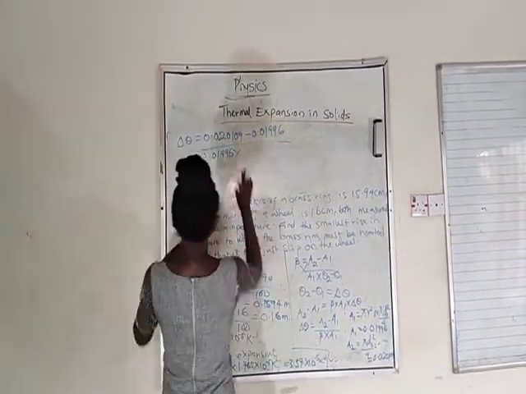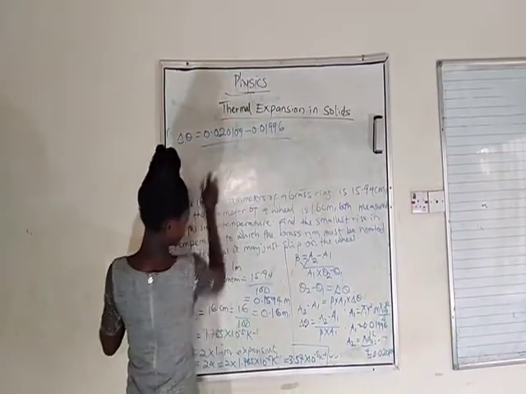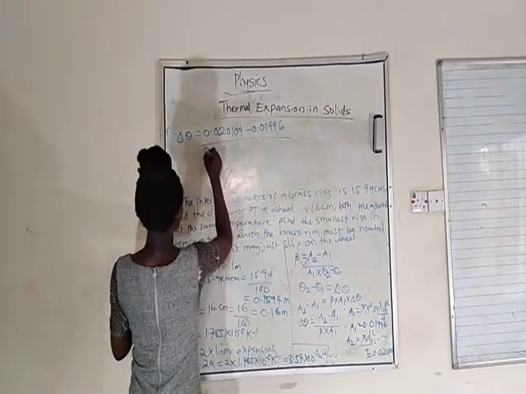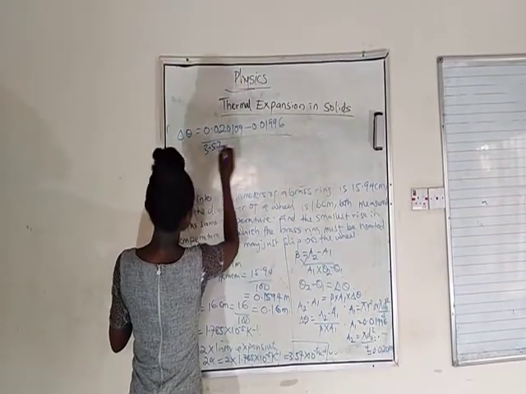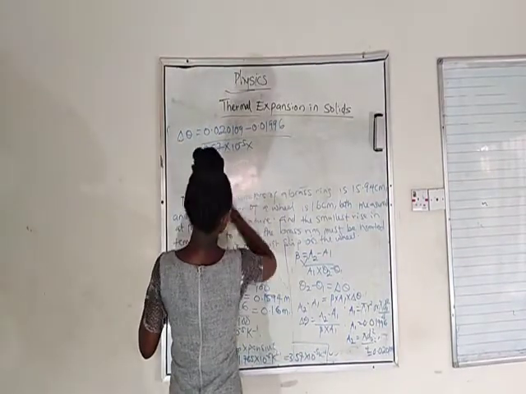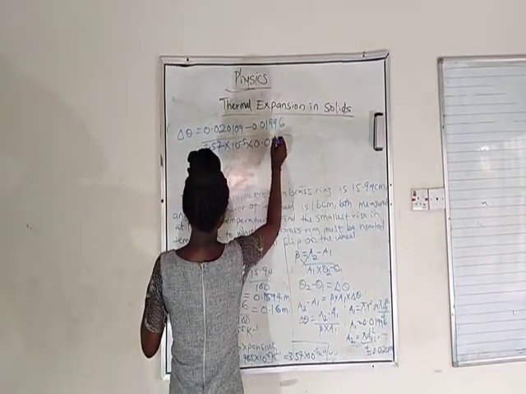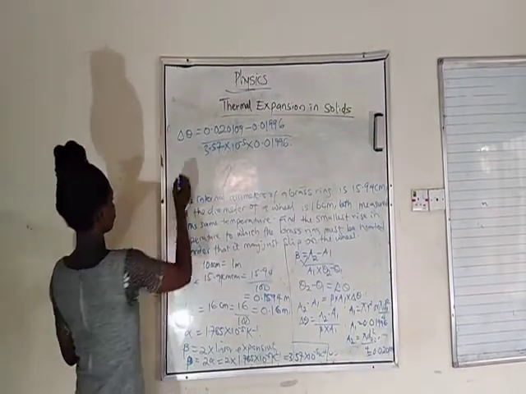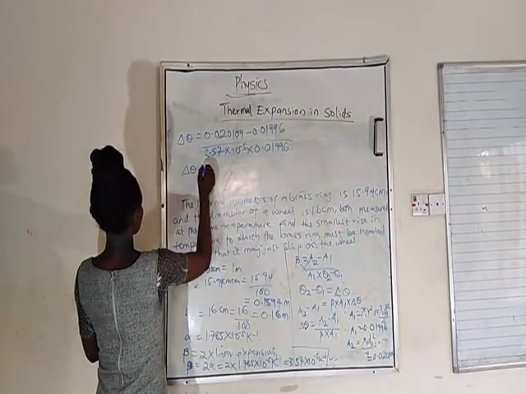Hold on. Our beta is this, 3.57 times 10 raised to the power minus 5 times your A1, which is 0.01996. So when you punch your calculator, you're going to have your change in theta.